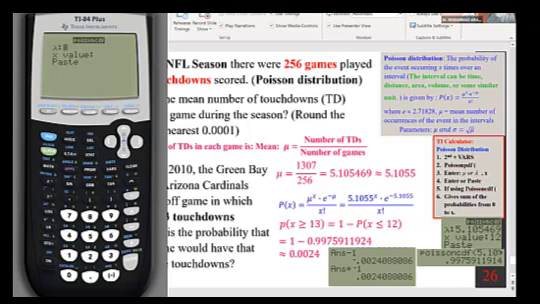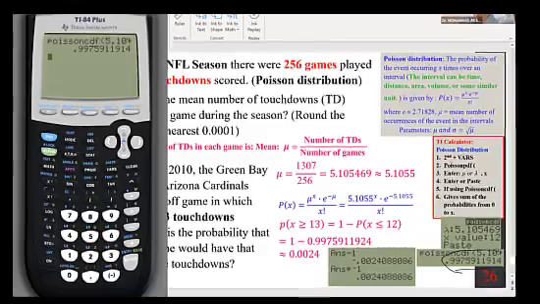So I'm going to input the information because I want to get this number, 5.105469. The X value is 12. And as you can see, this is the same number that we got here. And of course, you subtract it from that.